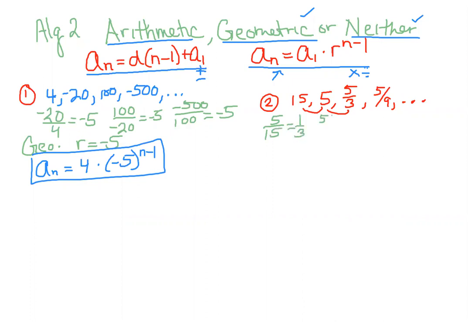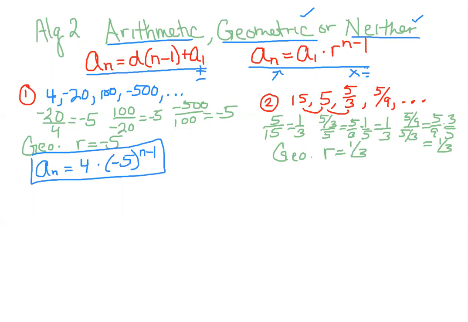Take 5/3 over 5, which is 1/3. And if we take 5/9 over 5/3, that equals 1/3. So again, it's geometric, and R is 1/3.